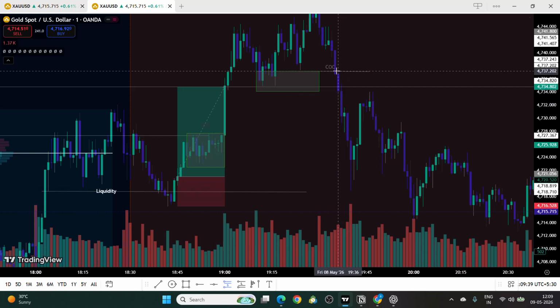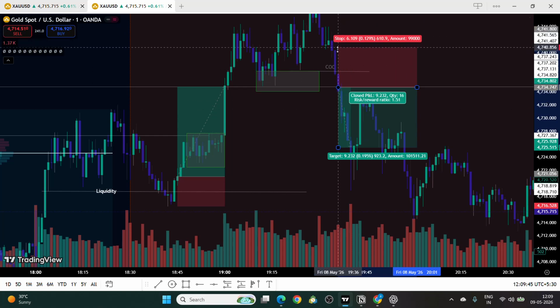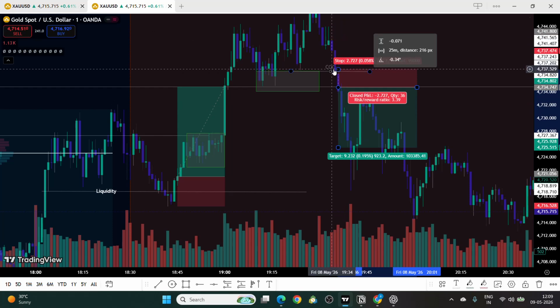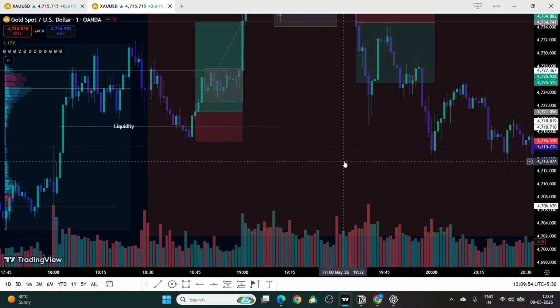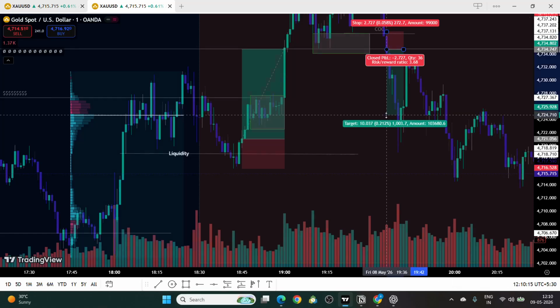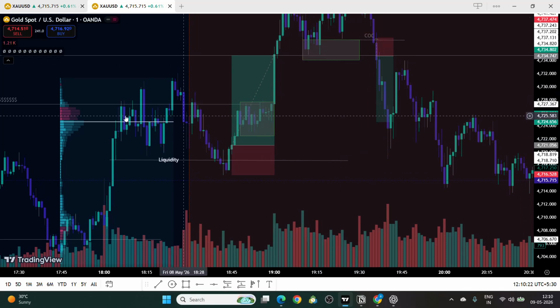When it has taken this and closed with perfection, this is the entry all the way up to here. Stop loss up to here. This entry has a 1 to 3.7 risk reward ratio.